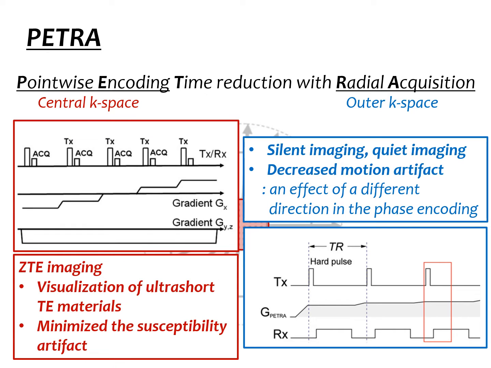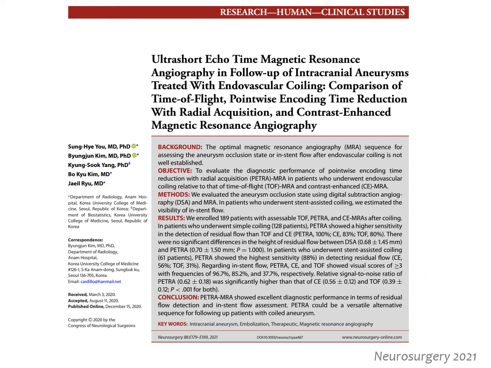So it has several unique strengths like this: visualization of ultra-short T2 materials, minimized susceptibility artifact, quiet imaging from the minimal gradient change, and low motion artifact from the radial acquisition. Under this background, we recently reported the usefulness of PETRA-MRA in the patient with treated intracranial aneurysm.